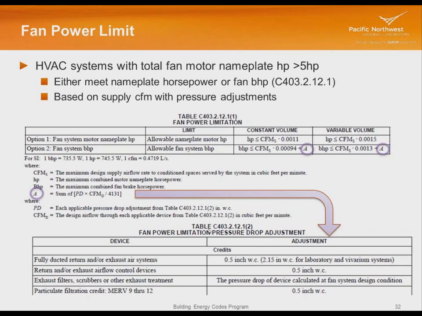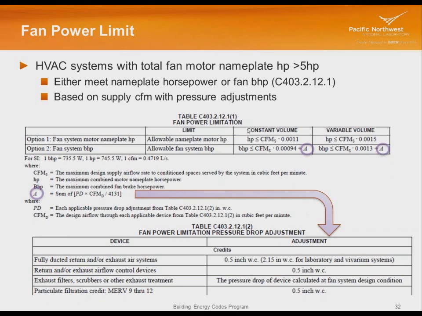So there's a separate table with the adjustment, going down all these different conditions. They relate to the CFM going through a particular device, whether it's a heat exchanger or exhaust filters, and they get a certain addition of static pressure with this little formula, and you add them all up. Again, this is all taken care of for you in the ComCheck software.